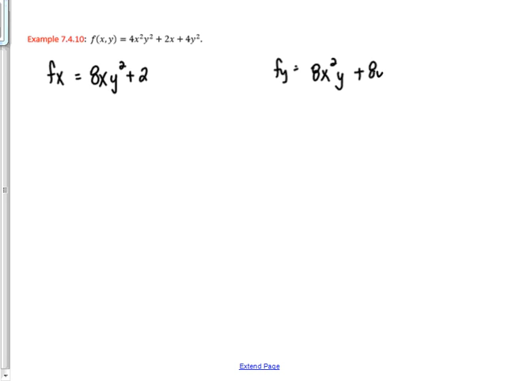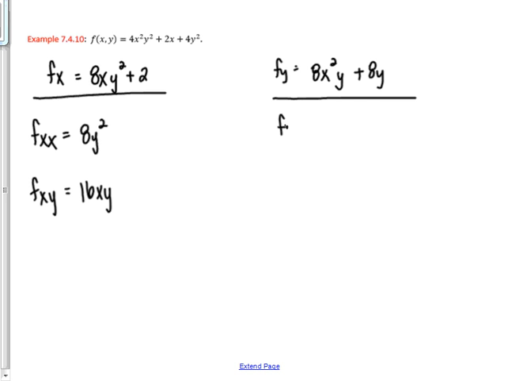Alright, so from here, I'm doing it again with respect to x, which would be 8y squared. And I'm going to go back to it and go now with respect to y. So that would be 16xy, and the derivative of that 2 goes away.